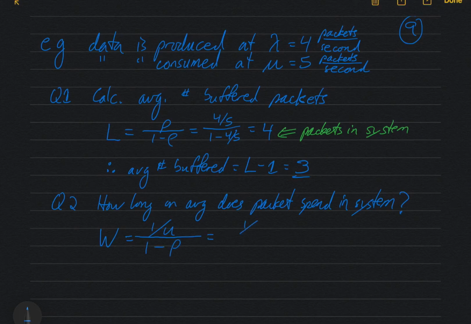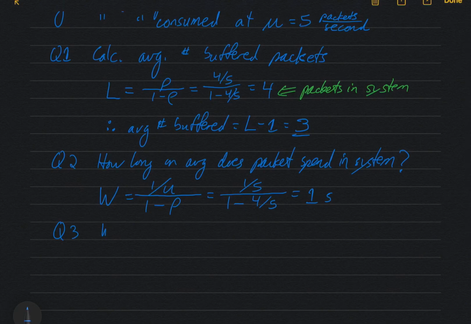So we've got 1 over 5 over 1 minus 4 over 5. So we've got 1/5 divided by 1/5. So it's equal to 1. Now the units for lambda and mu were packets per second, so this is going to be seconds.